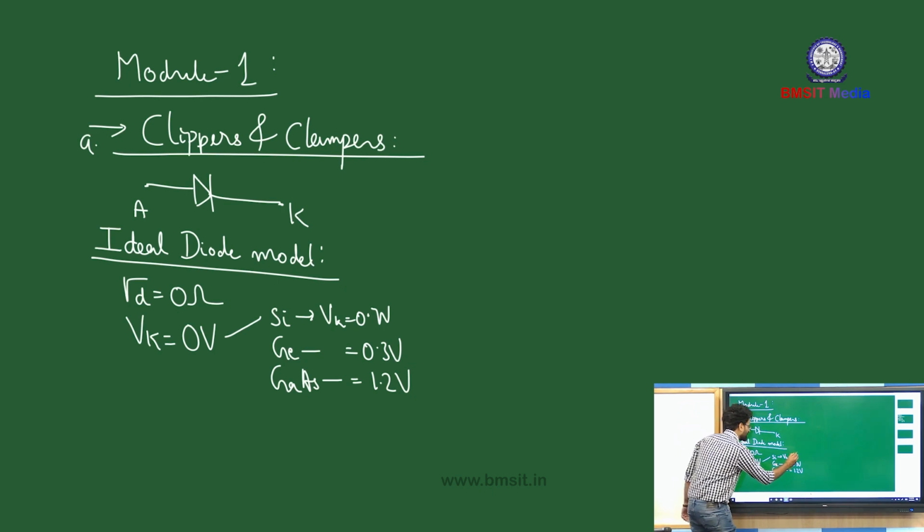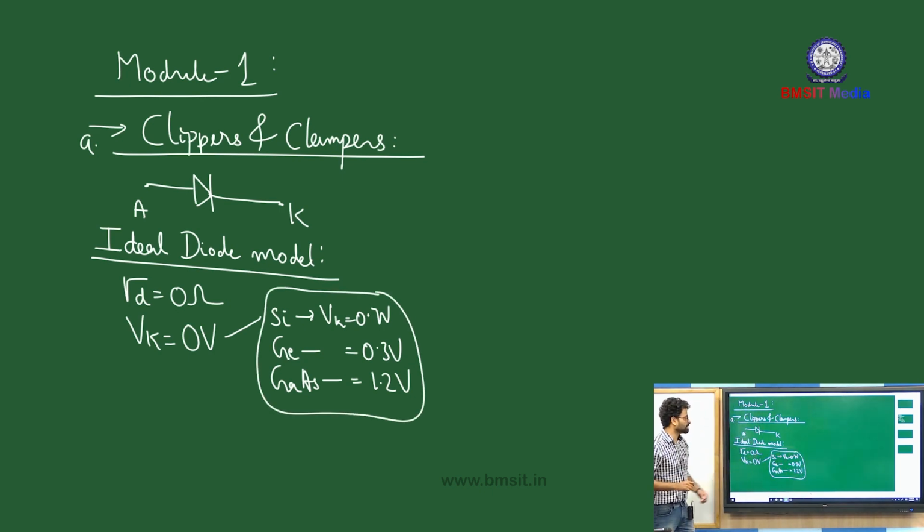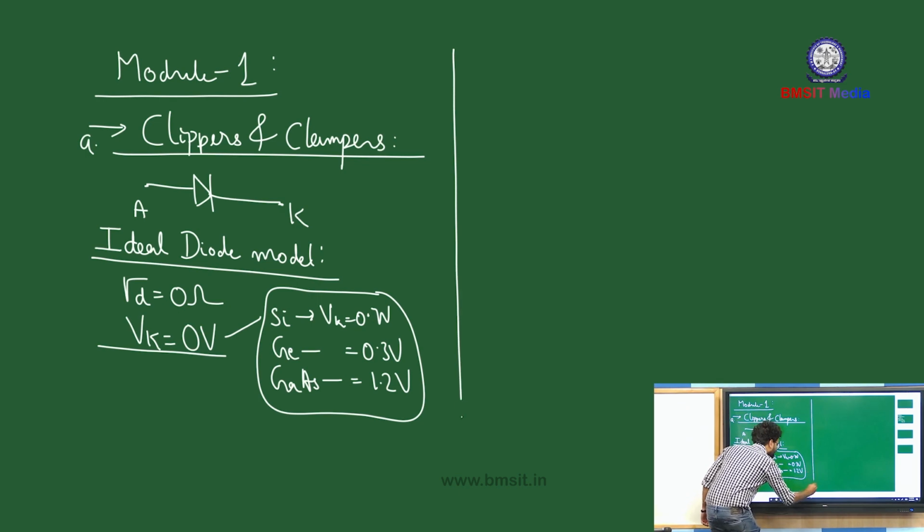These are the practical values of Vk, which depend on the type of material used. In the ideal diode model, we will not be worrying about all these values. We will just consider Vk equal to 0 volts. That being said, we can now construct the ideal diode model.